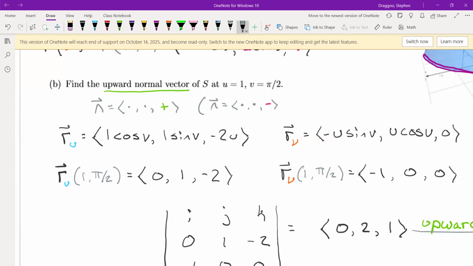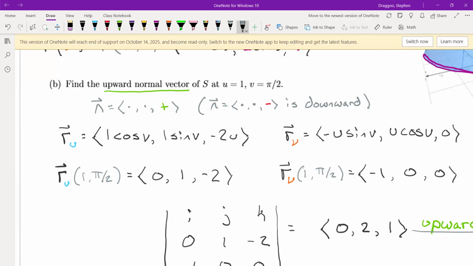Conversely, if I wanted a downward pointing normal vector, same kind of thoughts apply, but this time I want a negative z value in that vector. So again, the z-axis will deal with up and down.